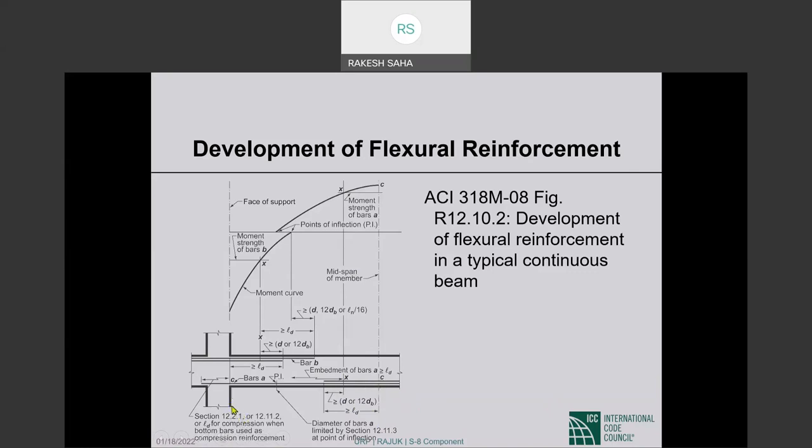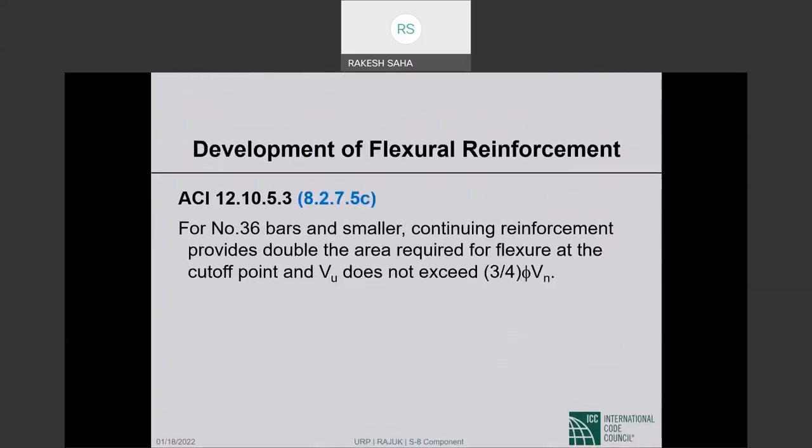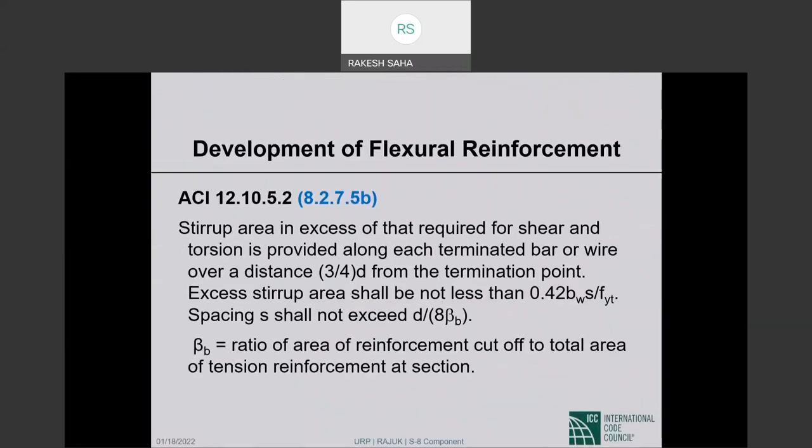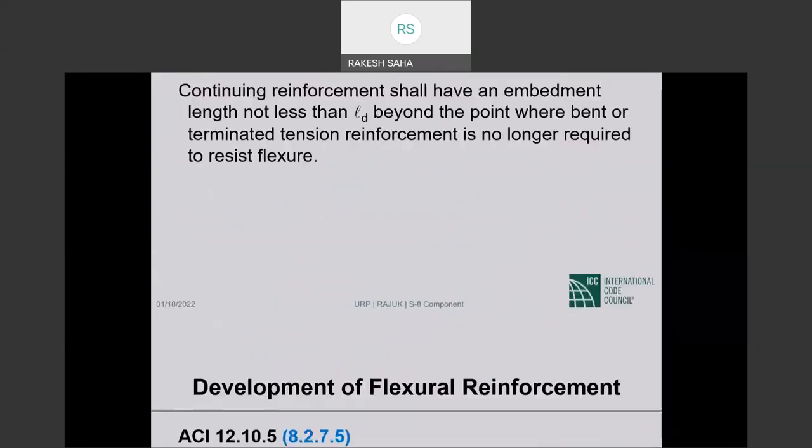And then additionally, this has not come up in discussion so far. These bars that are continuing into the support must have l sub d for compression, or they have to satisfy 12.21 and 12.11.2. You can look those up. Anyway, the illustration shows mostly what was said.